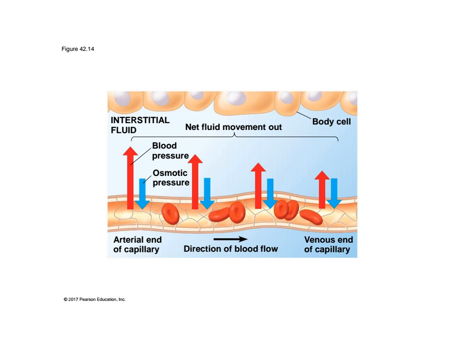Here's a nice picture from your book illustrating what we were just talking about. So if you look at a capillary, well, there's an arterial end. I mean, this is closer to the aorta, right? So there's higher blood pressure coming out of the heart. And there's a venous end. So this is going back towards the right atrium.